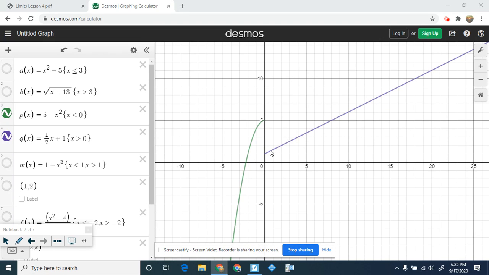It looks like I'm approaching 1, like we got before. When I go to 0 from the left, it looks like I'm approaching 5. Now, what Desmos doesn't emphasize, which kind of stinks, is whether there's a functional value there. So I kind of have to do that. And it's plotting that point at 1 there. And up here, it's doing that as well.